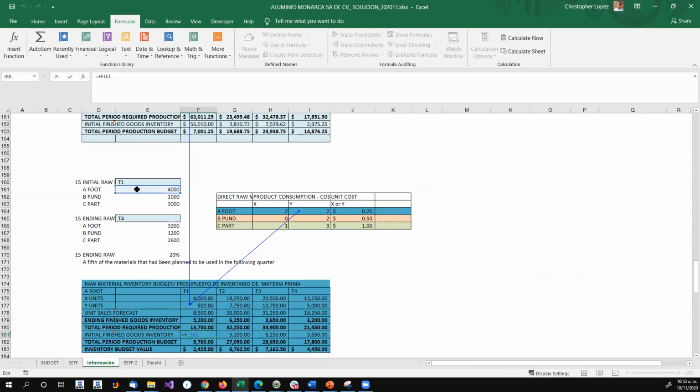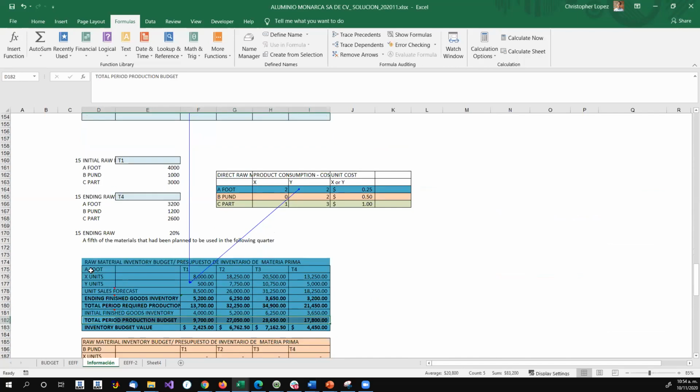You take the initial inventory, which is there, you subtract it, and you have the total period production budget of raw material A. Then the multiplication of raw material budget A on this quarter times the price, which is 0.25 cents, is gonna give me my inventory budget value. That is my raw material budget, okay?